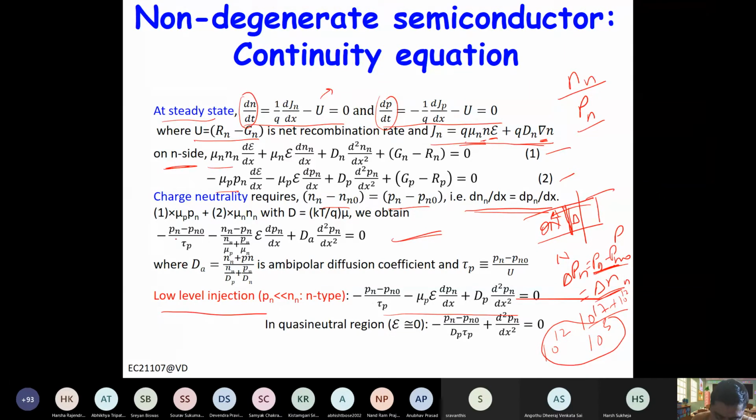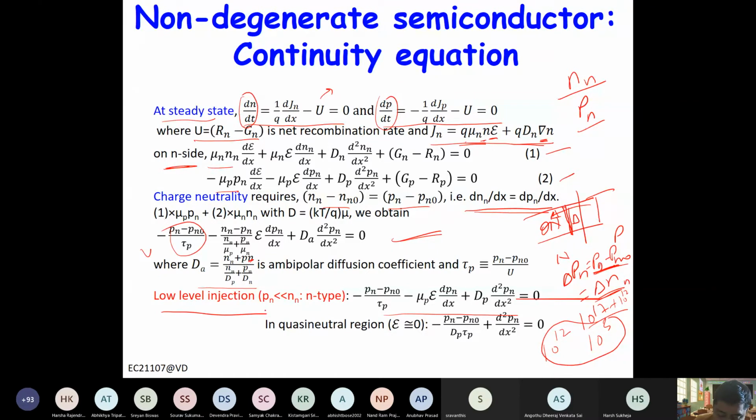So here, if you're in doubt, this is basically just u only. Now this is (n_n minus p_n) divided by (n_n by mu_p plus p_n by mu_n), times e times dp by dx plus d times dp by dx. It should actually be p subscript n. I changed it, but I don't know why it reverted back. It's p subscript n divided by (n_n by D_p plus p_n by D_n).